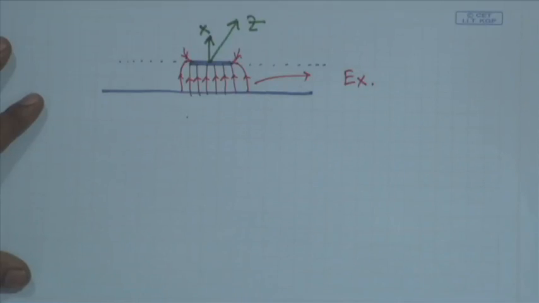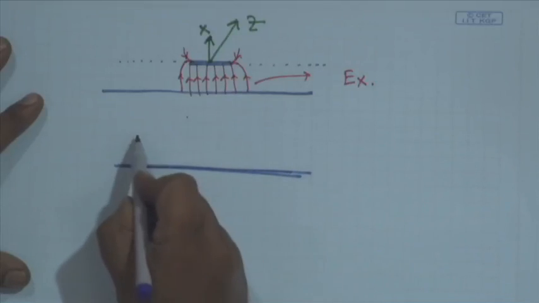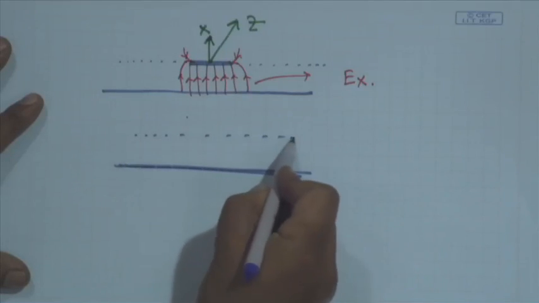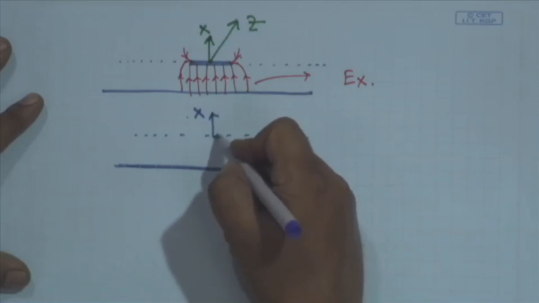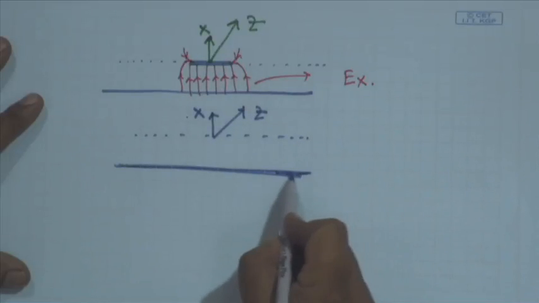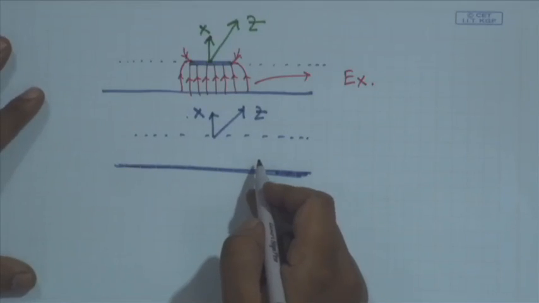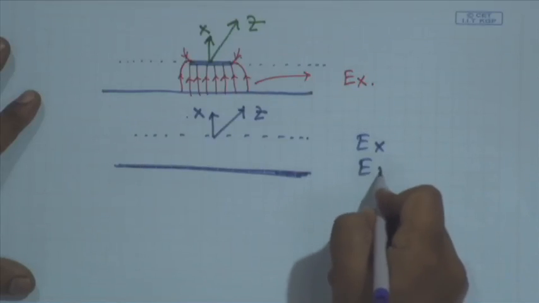Now, for a grounded dielectric slab, what have we seen? If I consider again the cross sectional view, the perpendicular direction is x, the wave propagation direction is z. So, in this case, the dominant electric field components are Ex and Ez.